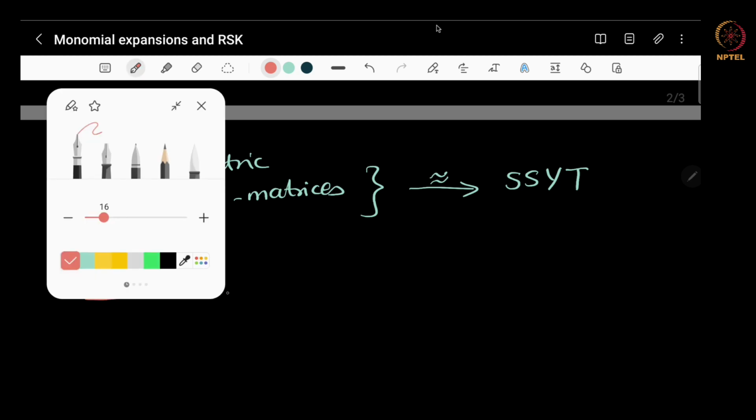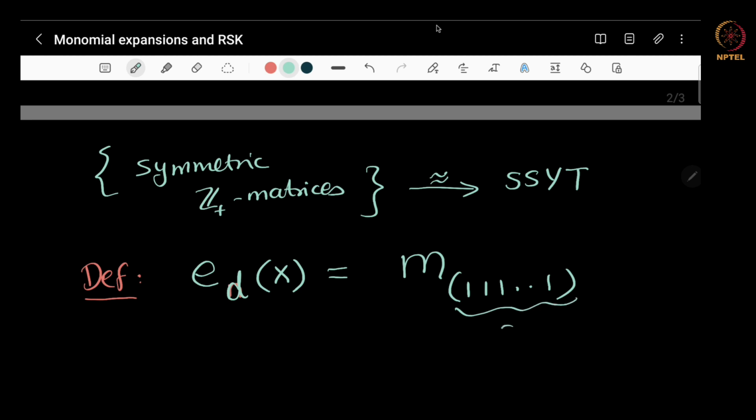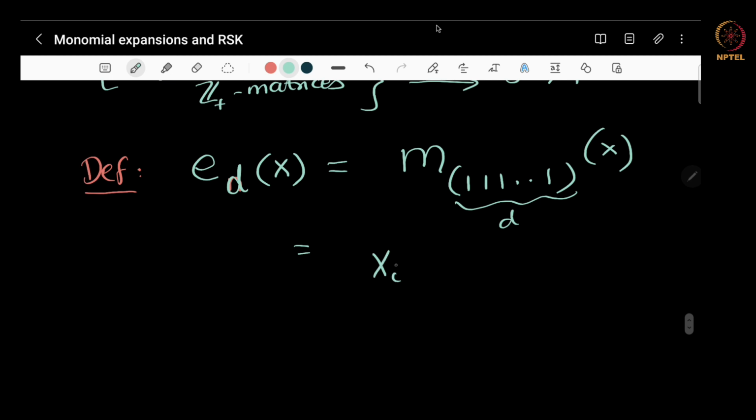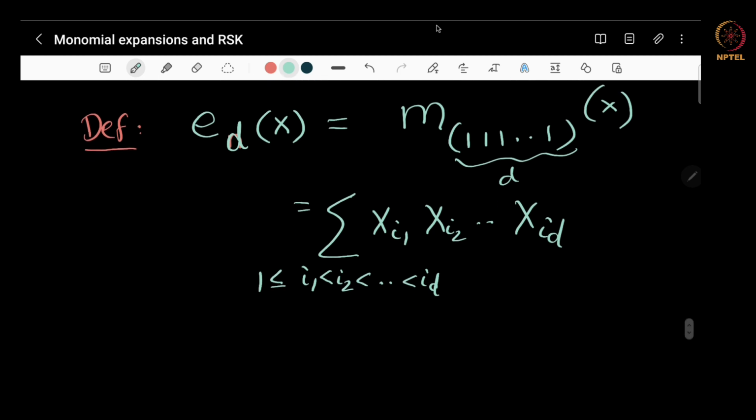How should I define e_d in the infinitely many variables x? Well, it's just the monomial symmetric function corresponding to 1, 1, 1, d times. In other words, I take x_{i1}, x_{i2}, ..., x_{id}, products of d-tuples of the x_i's, summed over all possibilities. So this is the obvious definition for the elementary symmetric function.